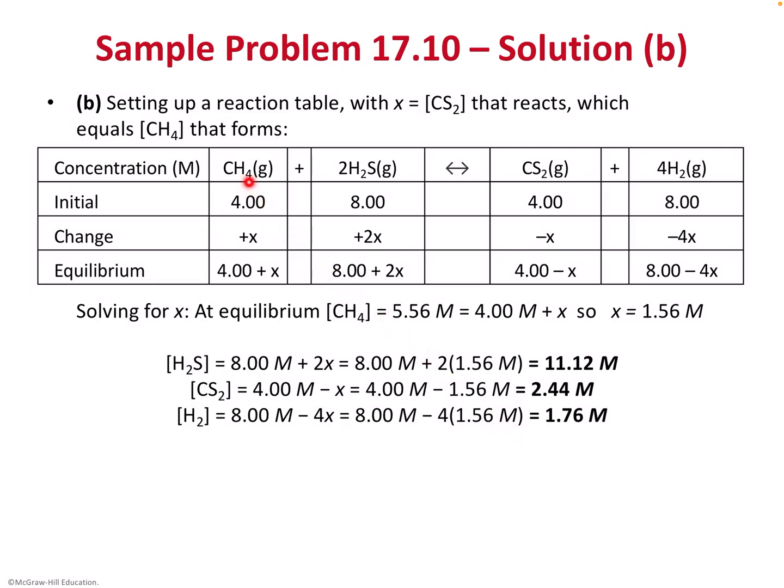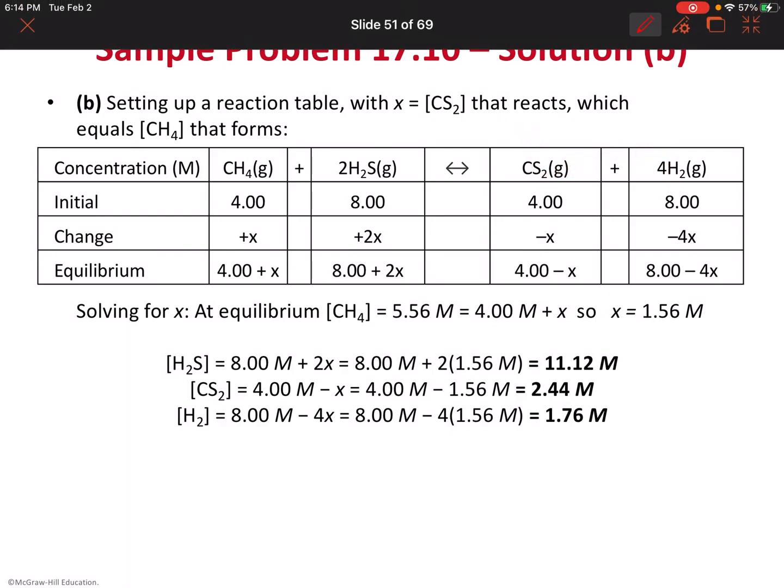So we started with methane, hydrogen sulfide giving carbon disulfide and hydrogen. Remember, based on the Qc, we said the reaction should proceed to making more of the reactants, right? So if you write the change going from products to reactants, then the carbon disulfide will react X amount, meaning it's going to lose X amount, minus X. And then the hydrogen is going to be your reactant now since it's going backwards.